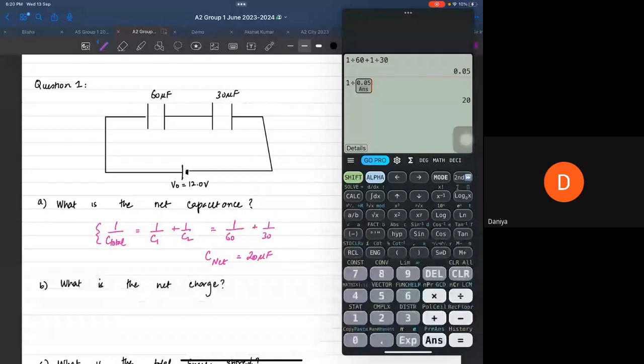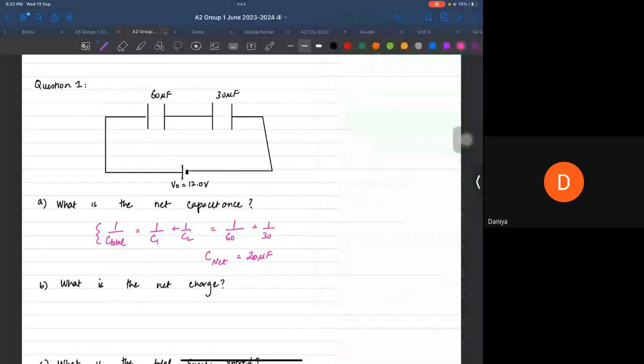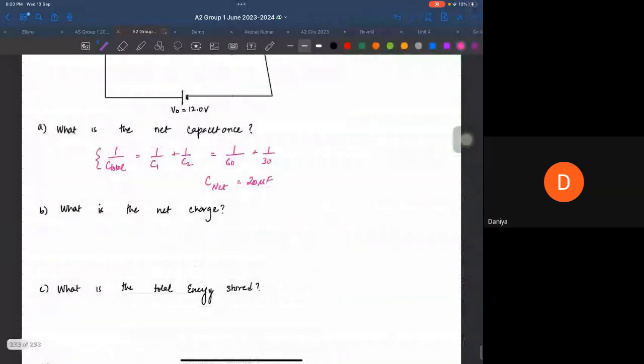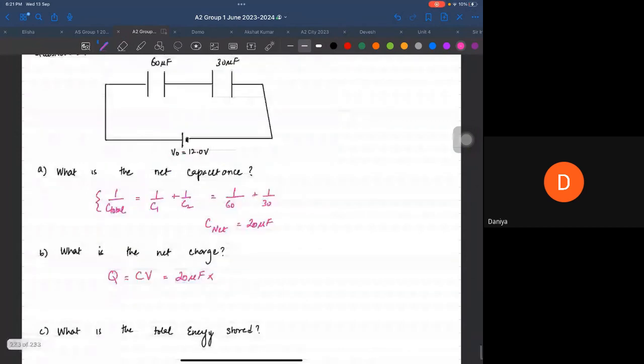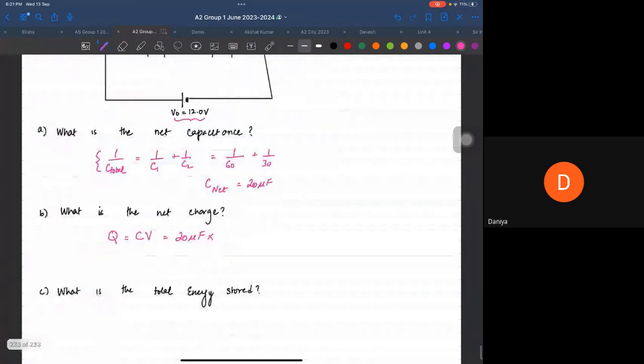Now, if you go to the next, they say, what is the net charge? It's very simple. You just need to use the capacitance equation, which is Q equals CV. The total capacitance was 20 microfarad and the total voltage available to us is 12, so I'm multiplying by 12.